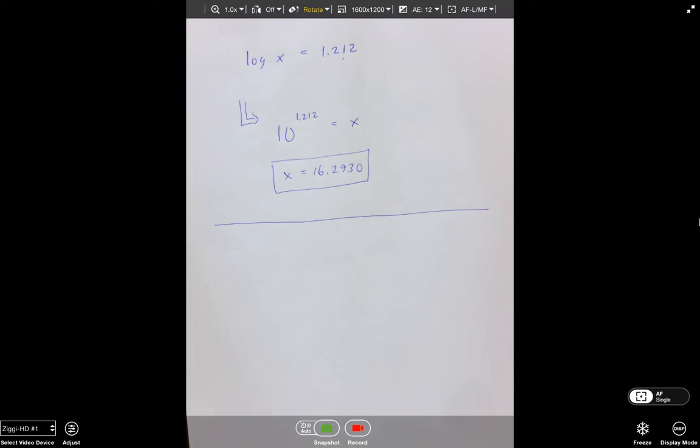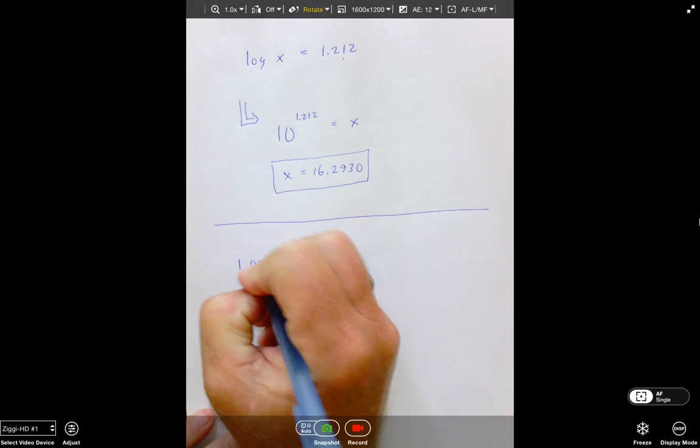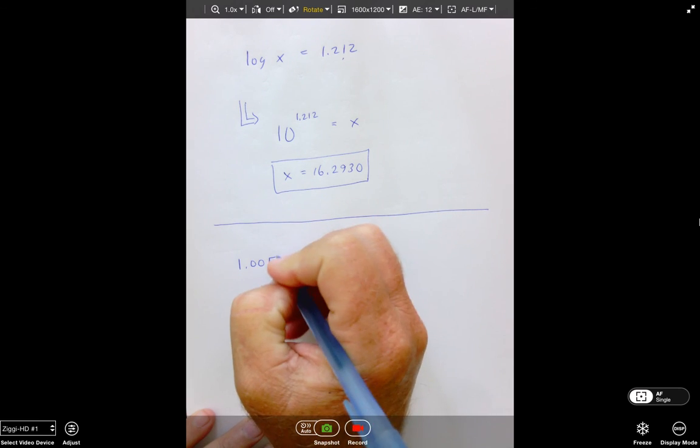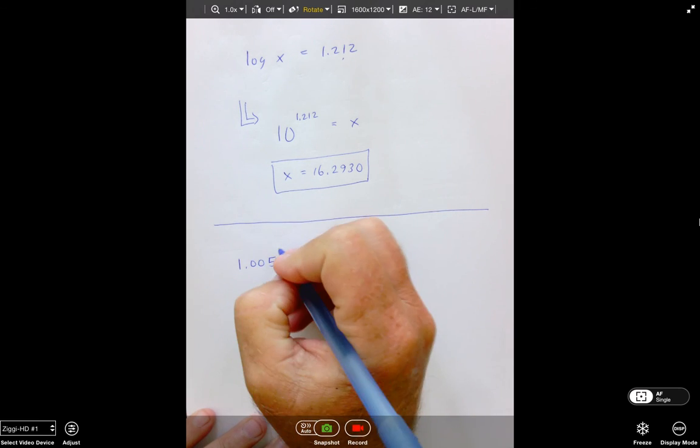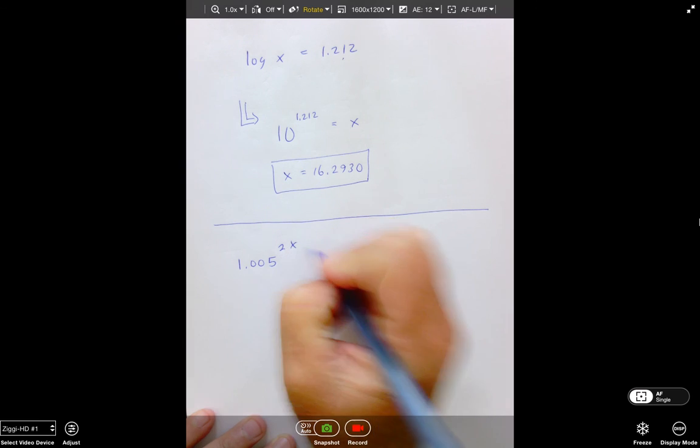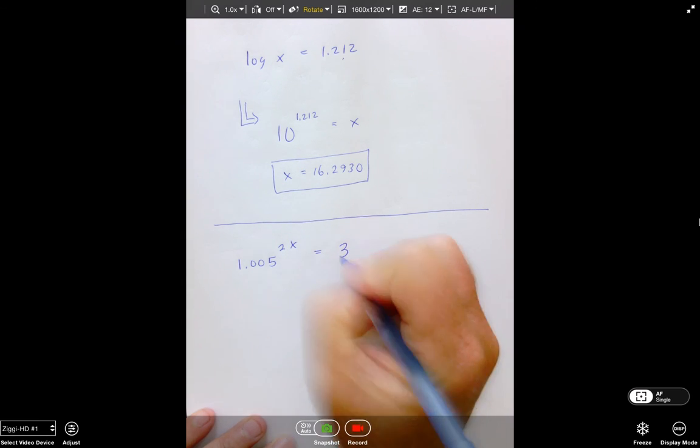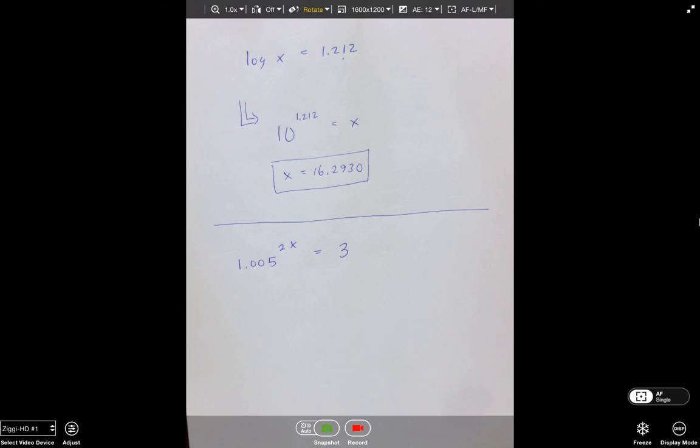What about this? What would you do to solve this? What's the base?